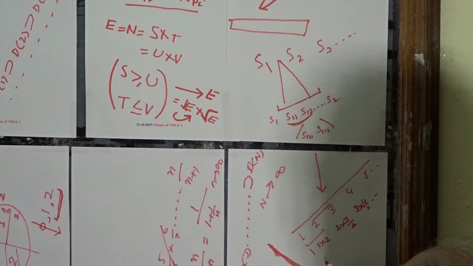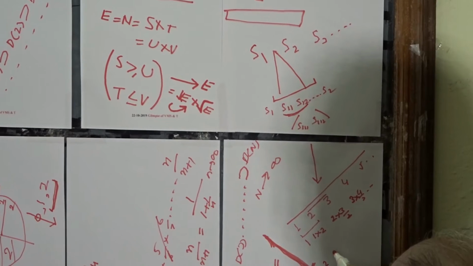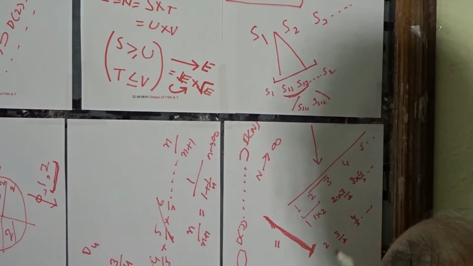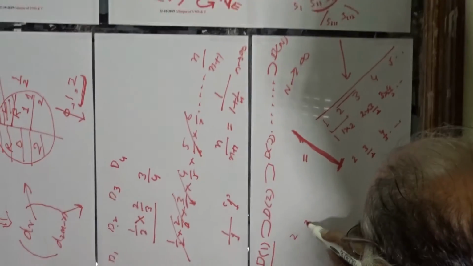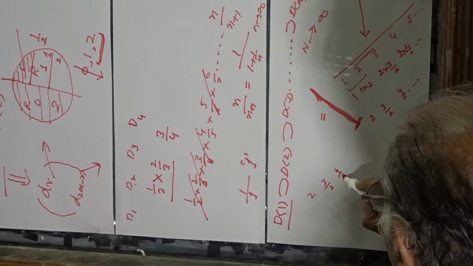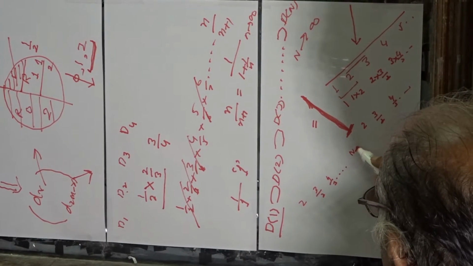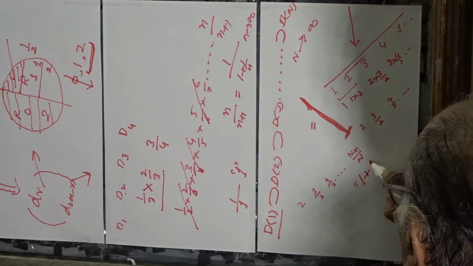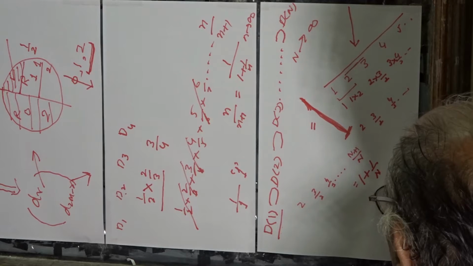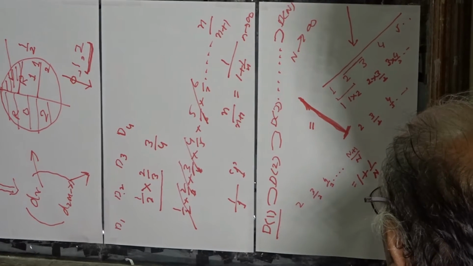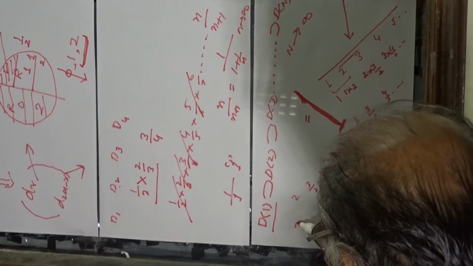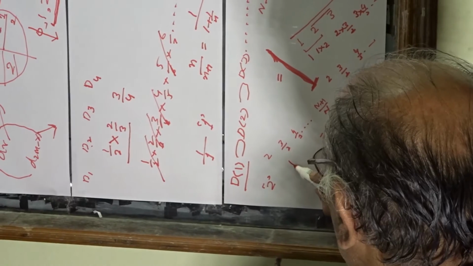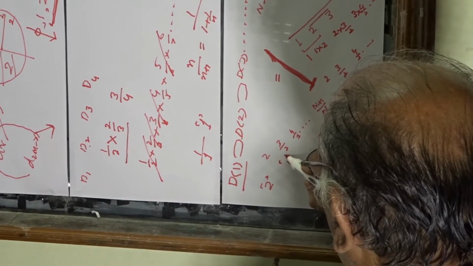So this reach requires 2, then 3 over 2, then 4 over 3 and so on, taking to n plus 1 over n, which accepts an organization 1 plus 1 over n. And when n goes to infinity, it remains the value 1. Therefore 2 is having a reach at value 1.